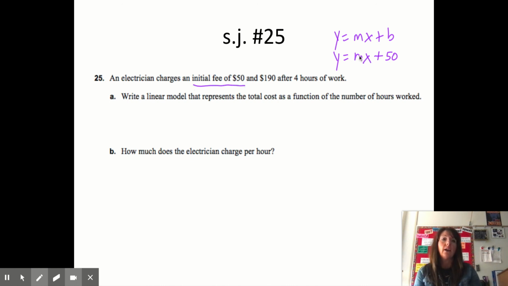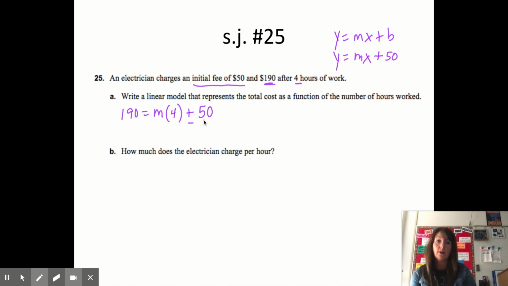So what we need to find out is what is our slope. We are given information that tells us that the output is 190 after the input is equal to 4. So we would have 190 is equal to our rate of change times our 4 hours plus the original $50 initial fee. Okay, so we can set up this skeleton equation to solve for the slope in this case, and it would also represent our hourly rate.